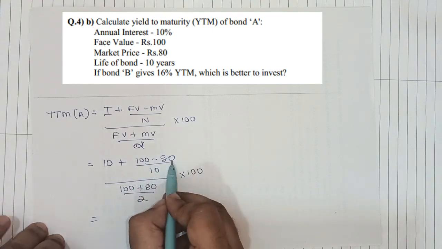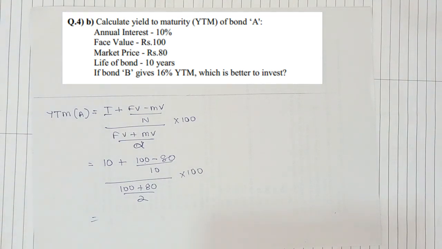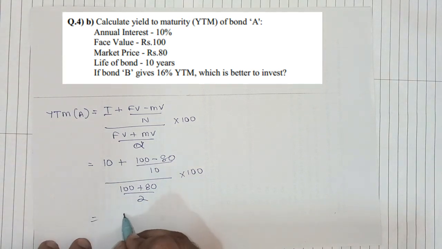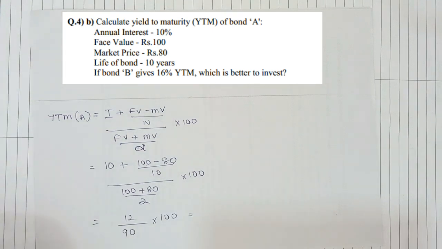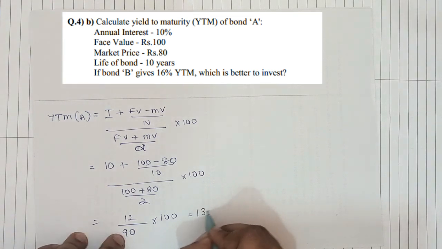So 100 minus 80 is 20 divided by 10, which is 2, plus 10 is 12, upon 180 divided by 2 is 90, into 100. So 12 divided by 90 into 100, it is 13.33%.